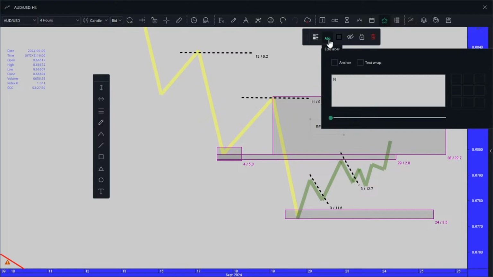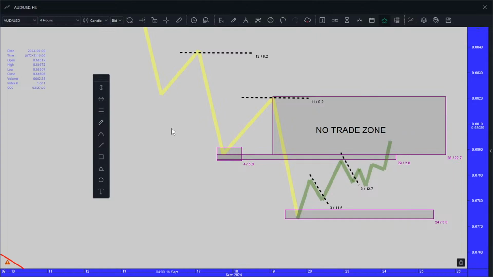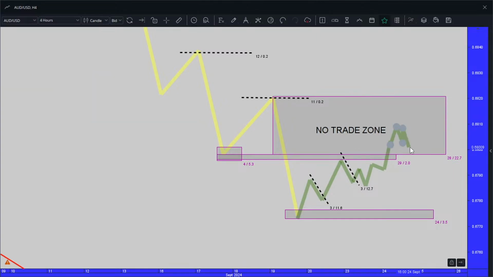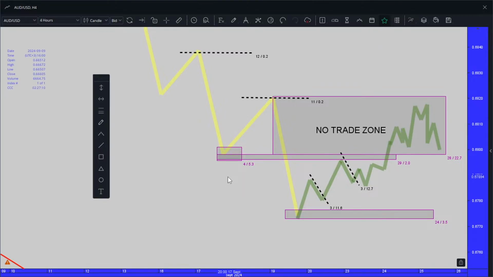No trade zone, no trade zone. The no trade zone is the zone of maximum risk. This is where bulls and bears are going to fight for control. Alright, everybody?